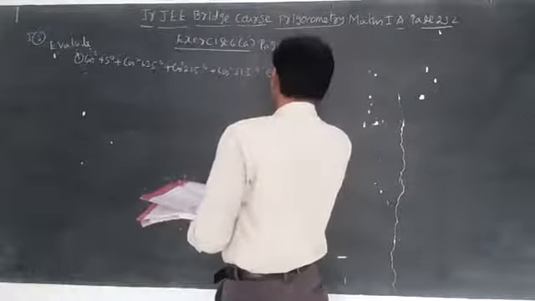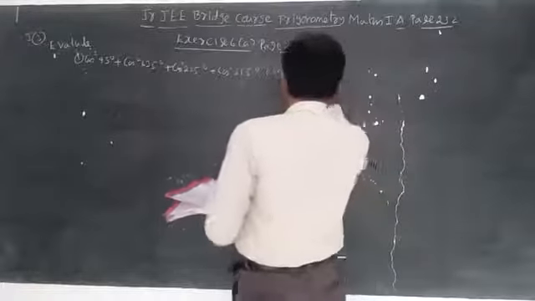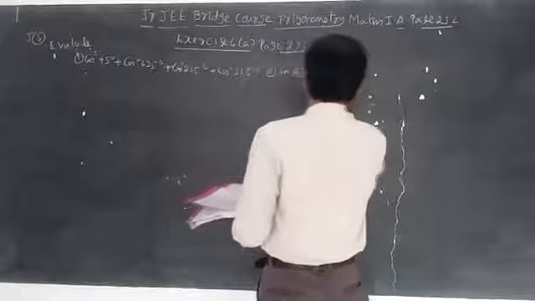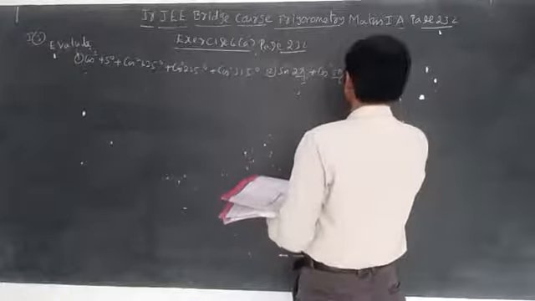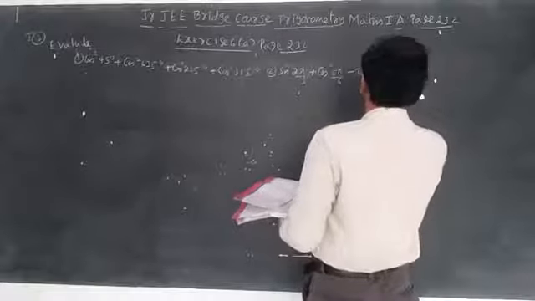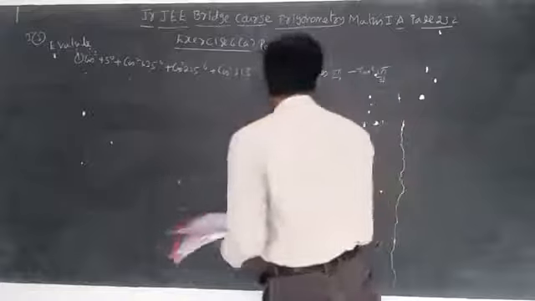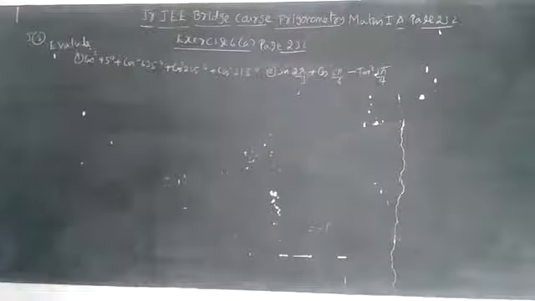Second question, sin square 2 pi by 3 plus cos square 5 pi by 6 minus tan square 3 pi by 4. Okay, let us finish. Total 4 sums are there.